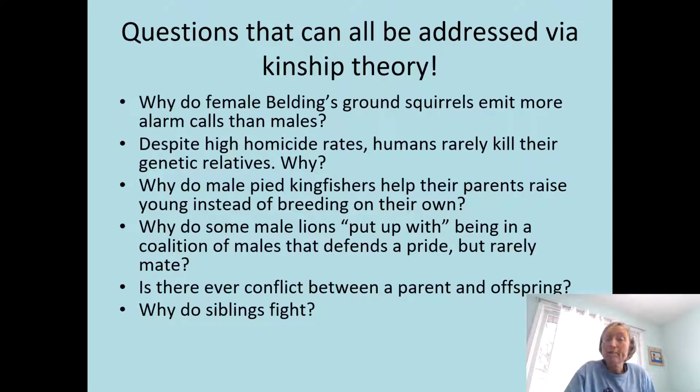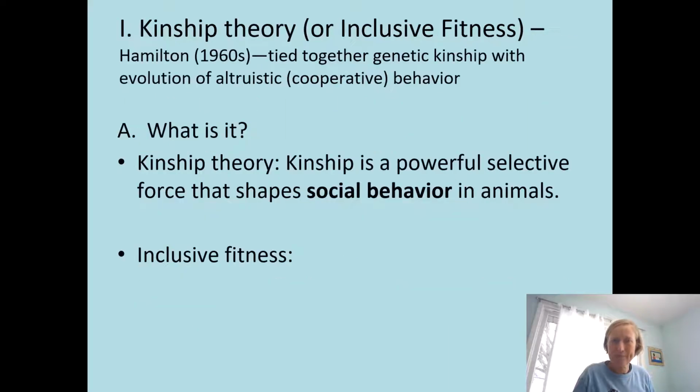Why do female Belding's ground squirrels emit more alarm calls than males? Despite high homicide rates, humans rarely kill their genetic relatives. Why? Why do male lions put up with being in a coalition of males that defends a pride but rarely gets to mate? Is there ever conflict between a parent and an offspring? Why do siblings fight? All of these questions can be addressed by this bigger theory called kinship theory.